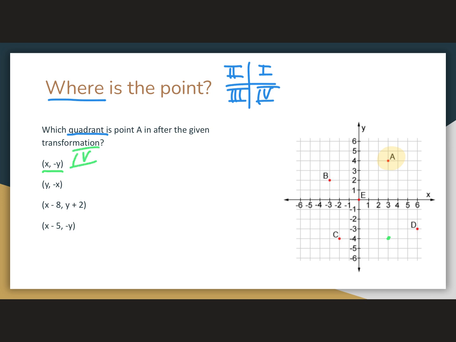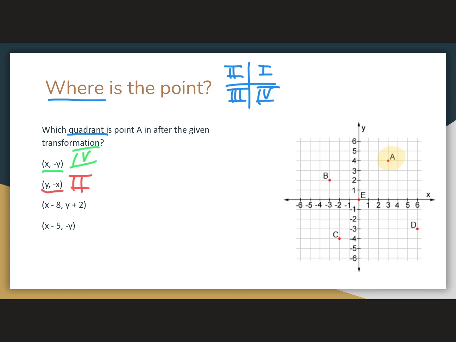Well, what if, erase that real quick. What if now I do (negative x, y)? That means I'm reflecting it over the y-axis. So if it reflects over the y-axis, it's going to be right here, which is in quadrant 2. Okay.